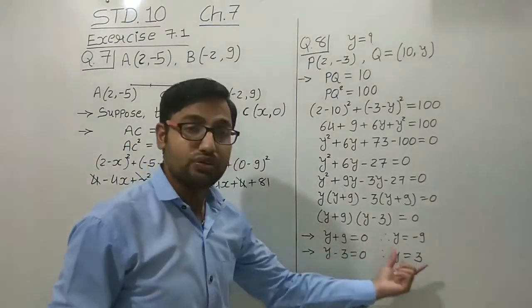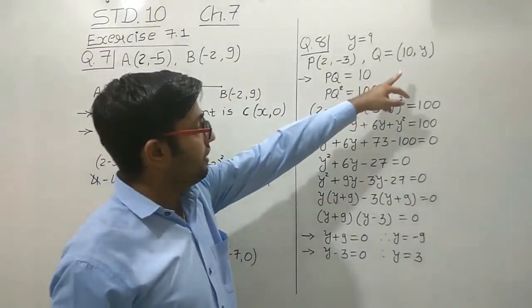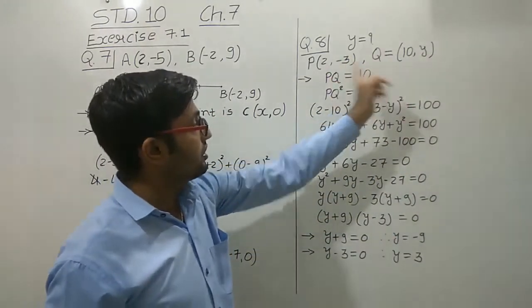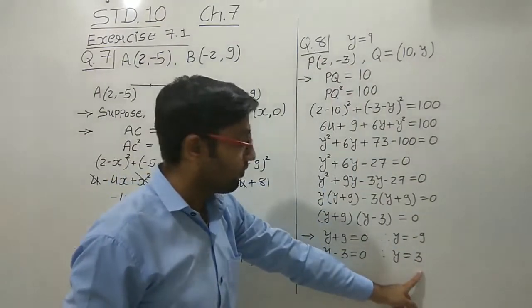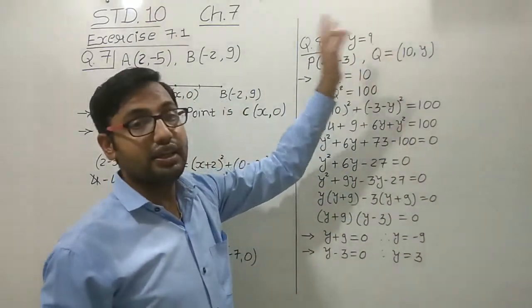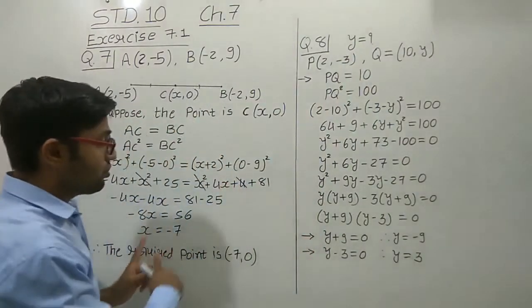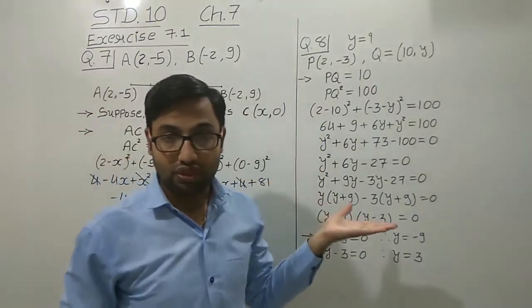We get two values, 3 and minus 9. When we put y as minus 9 and find the distance, it will be 10 units. When we use y as 3, again we get the same distance, 10 units. In this way we can solve this type of question using the distance formula only.